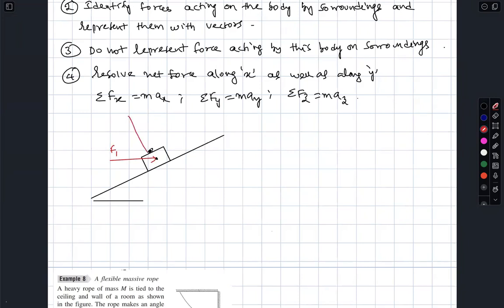Another one is F2, which is normal to the inclined plane. The third one is weight. The fourth one is normal reaction.